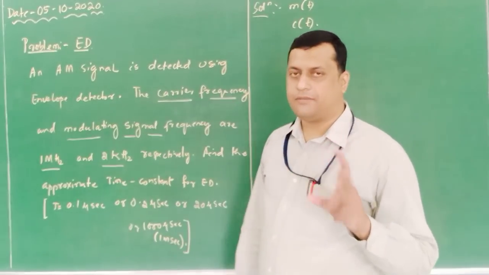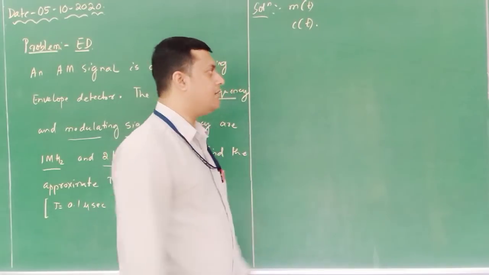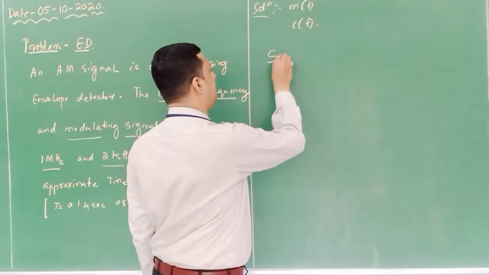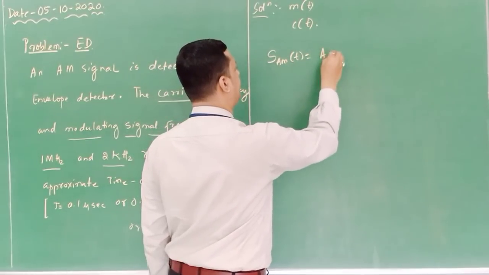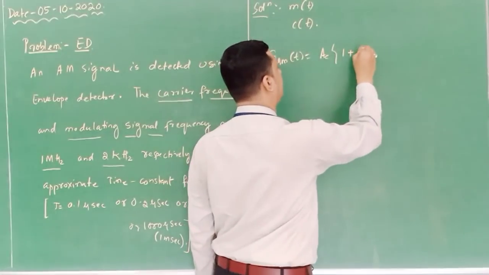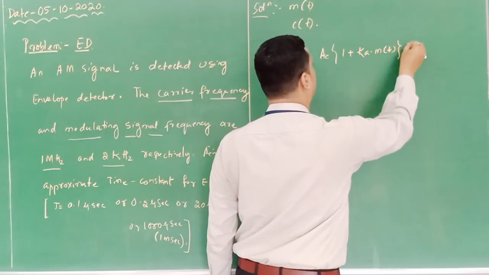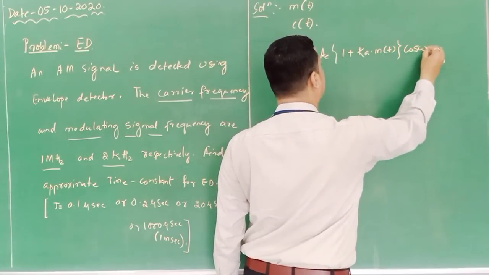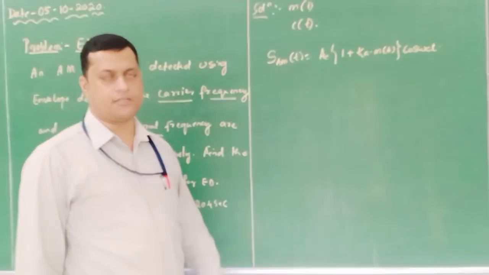When we transmit, it becomes a modulated signal, the AM signal s_AM(t) = A_c [1 + k_a m(t)] cos ω_c t.